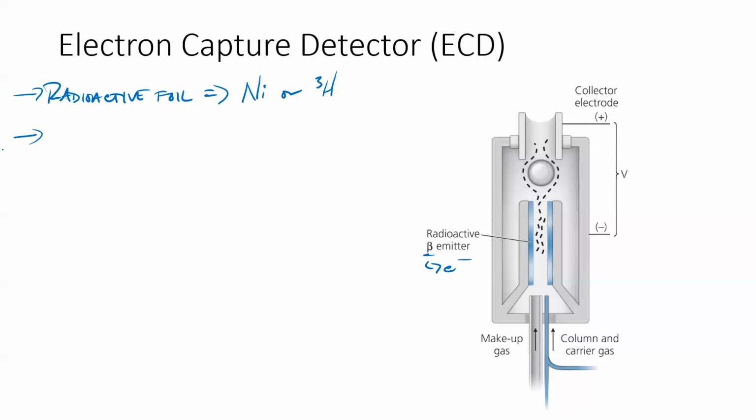But in any case, the beta particles, which are electrons, ionize the analyte, right? And again, that current is detected.